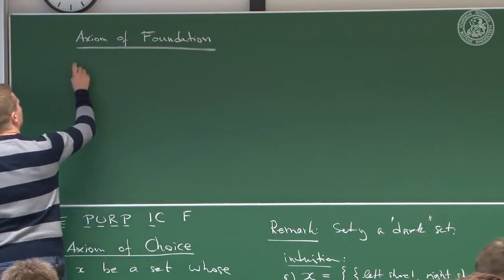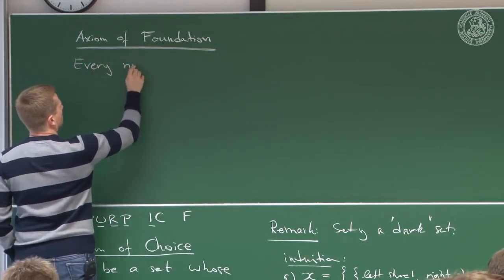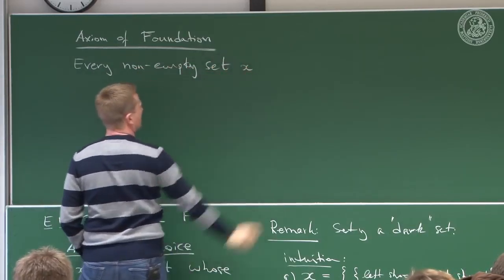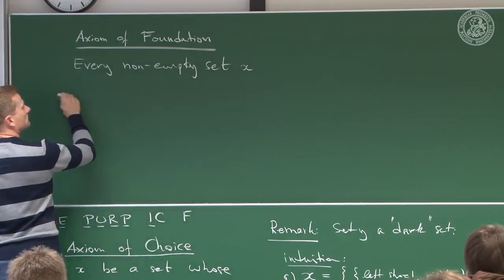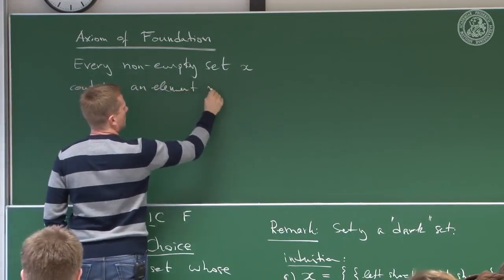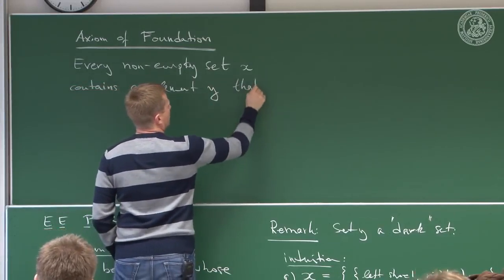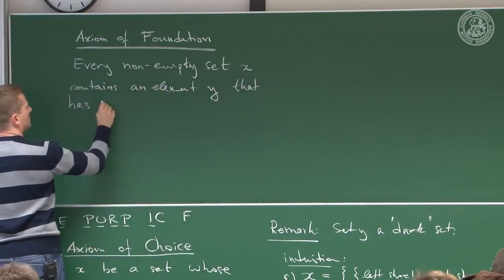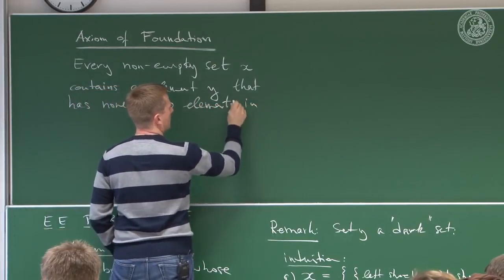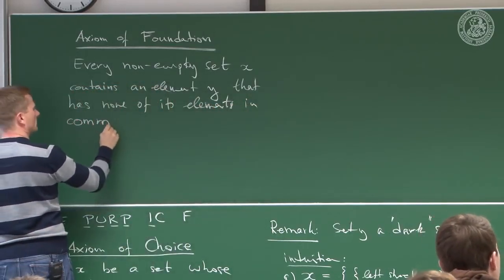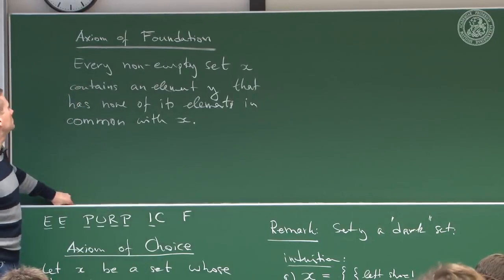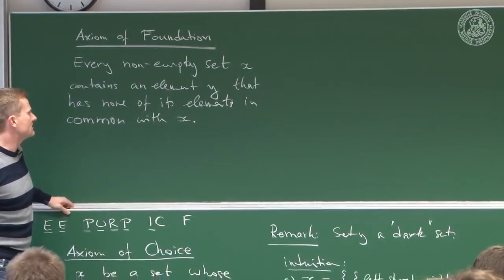And it says that every non-empty set X contains an element Y that has none of its elements in common with X.